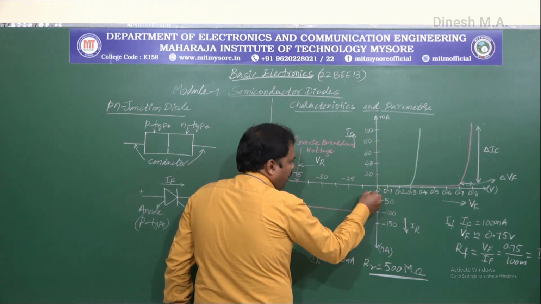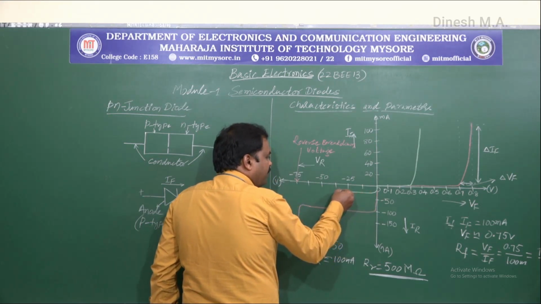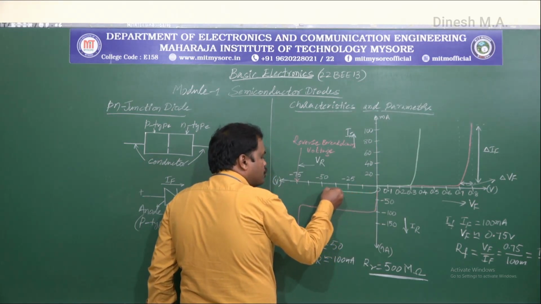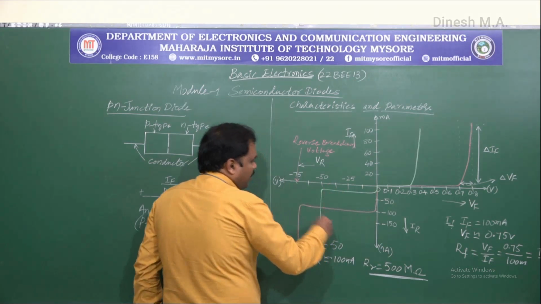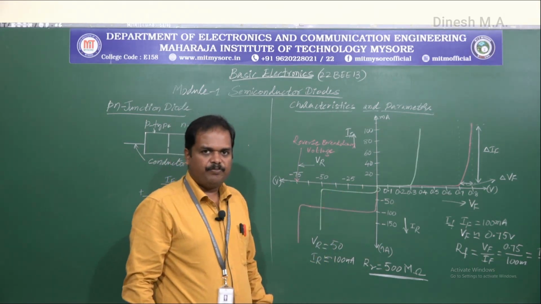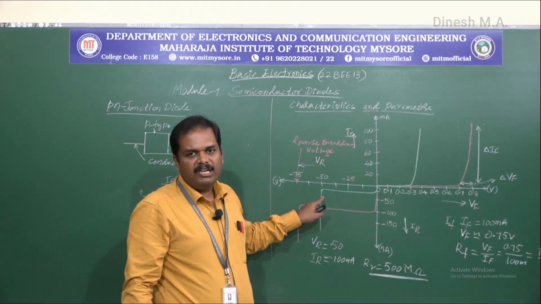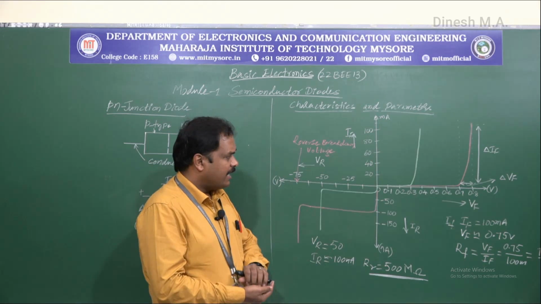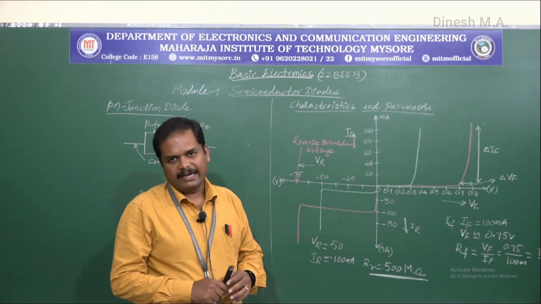This would be the ideal current flow, but the reverse breakdown voltage would be typically around 50 volts. So the breakdown occurs at 50 volts in the germanium diode. If not for that, the characteristics of silicon and germanium look identical.